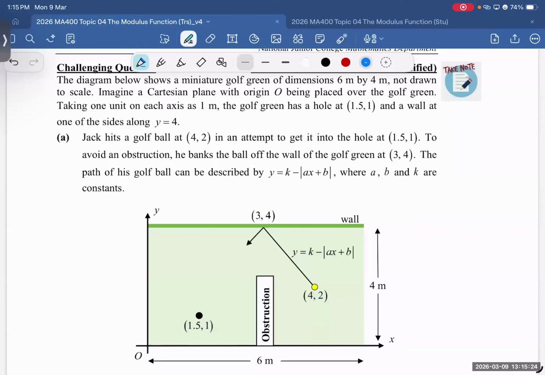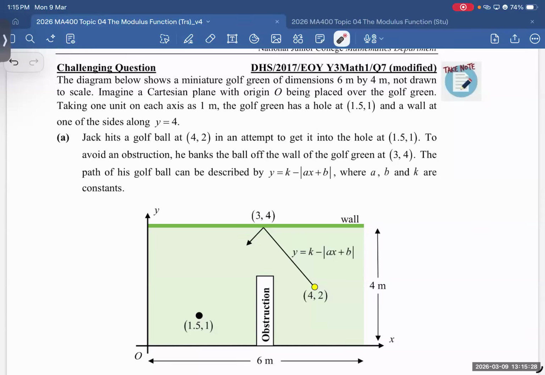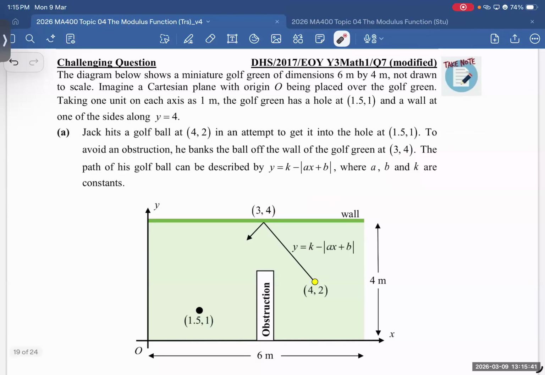Let me check. 3, 4 can be substituted inside. Okay, have you found K? You found A and B, but you haven't found K.